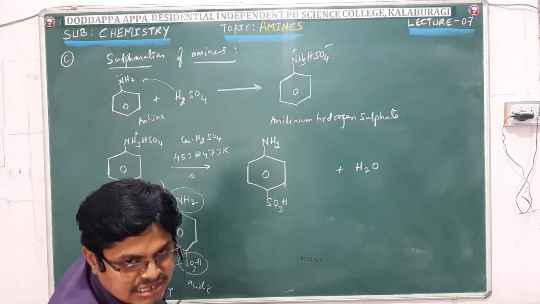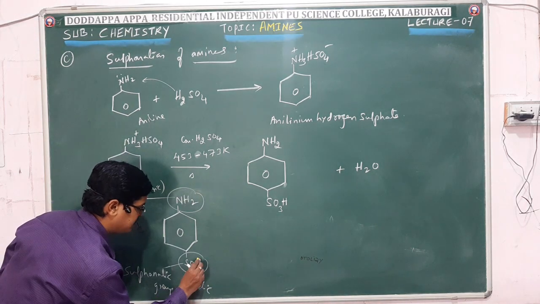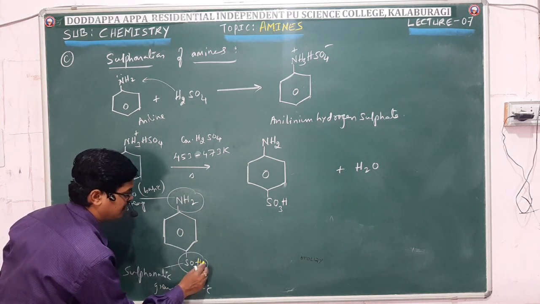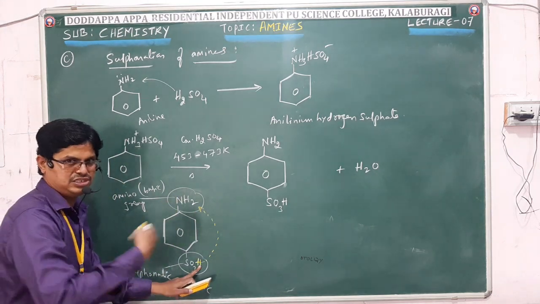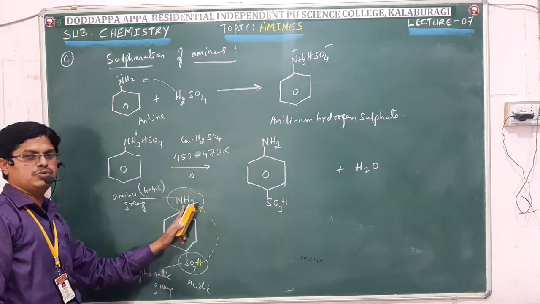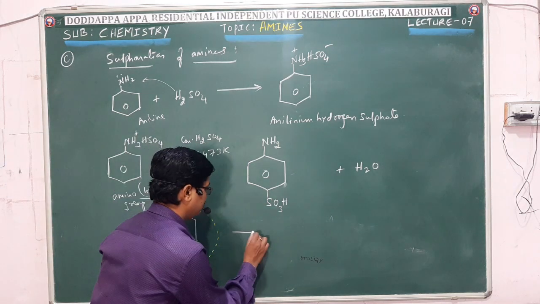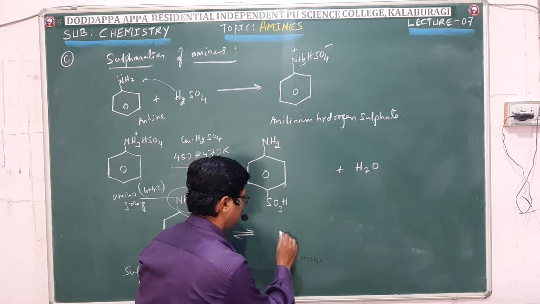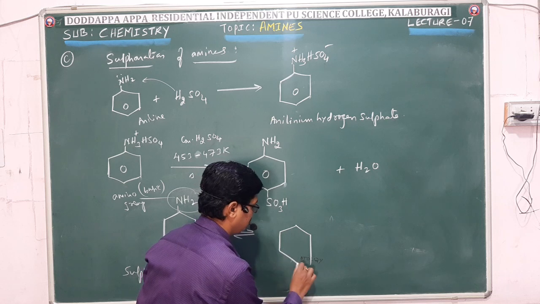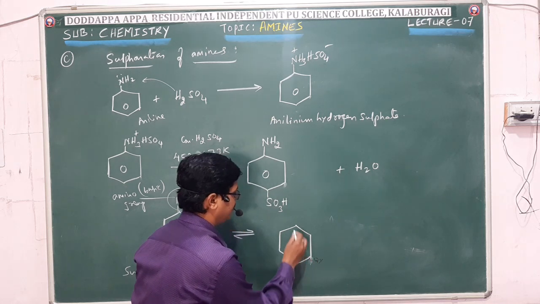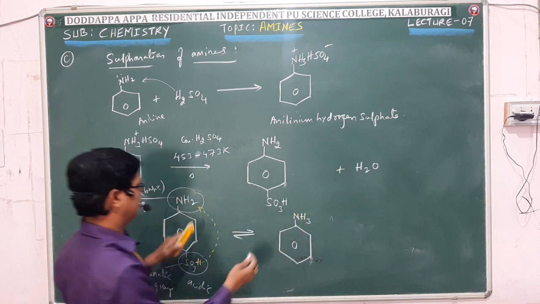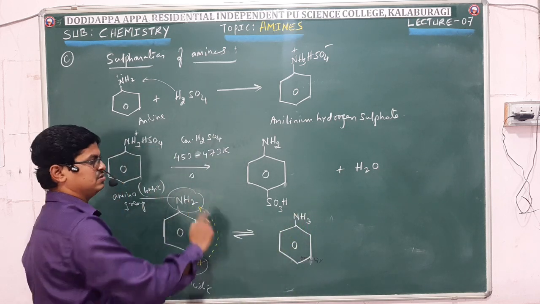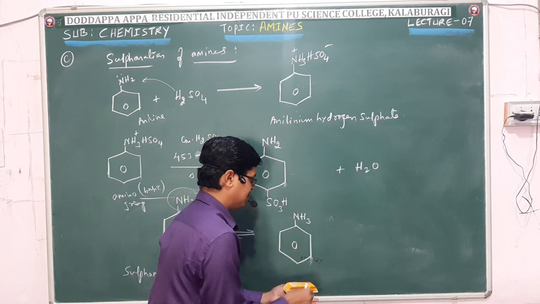That is, sulfonic acid furnishes an H plus ion. This H plus ion goes and links with the base, that is the amine group. So it forms a zwitterion. Instead of NH2, the H plus ion comes and forms NH3 plus.